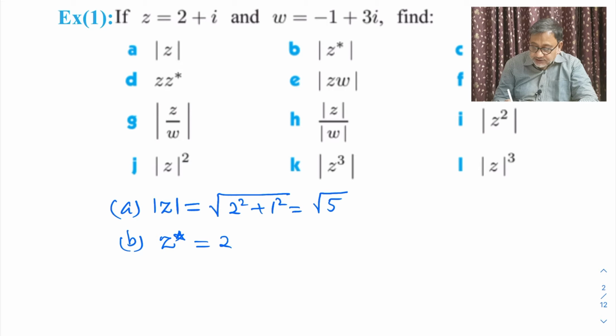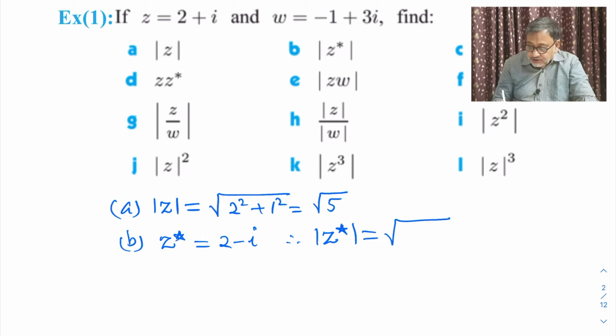Z conjugate is, as you already know, in my first lesson I taught you that the conjugate of a complex number is obtained by changing the sign of the imaginary part only. We don't change the sign of the real part. So it will be 2 minus i, and therefore modulus of z conjugate will be square root of 2 square plus of minus 1 square.